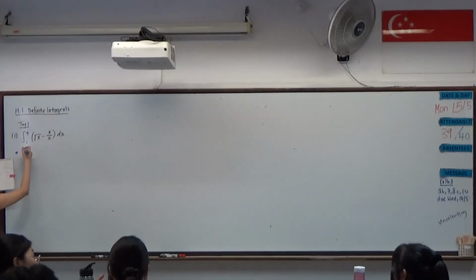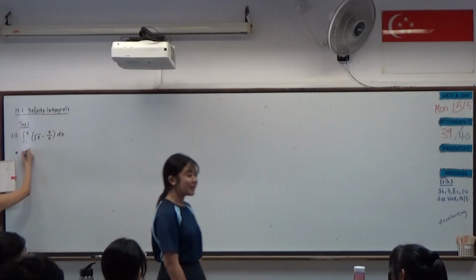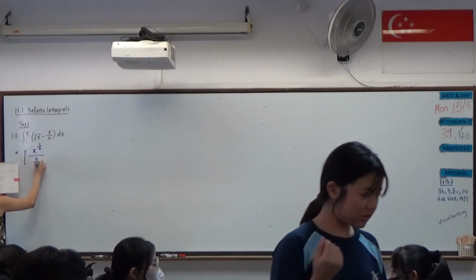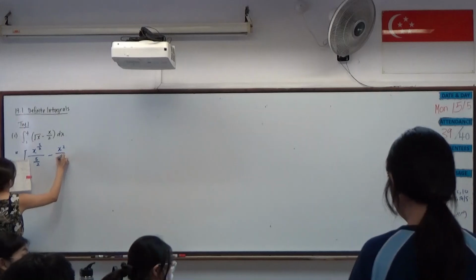So, part C, you will get x to the power of 3/2 over 3/2 minus x squared over 4.